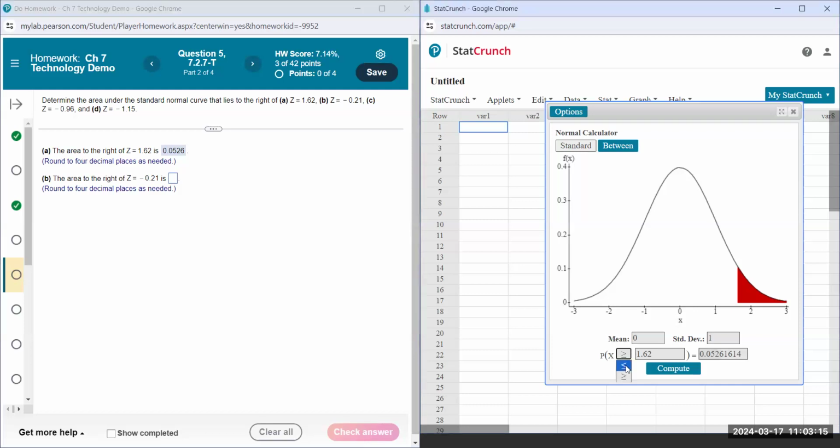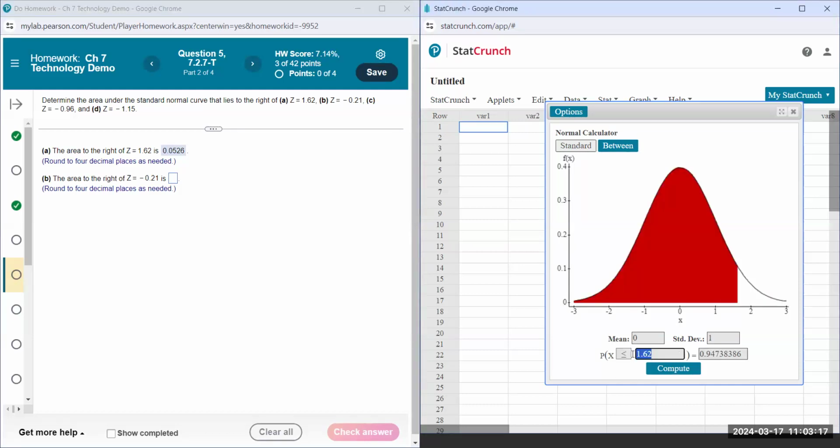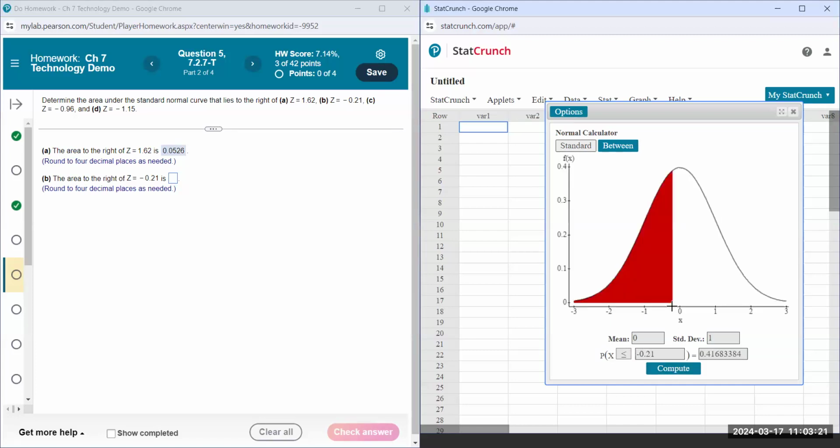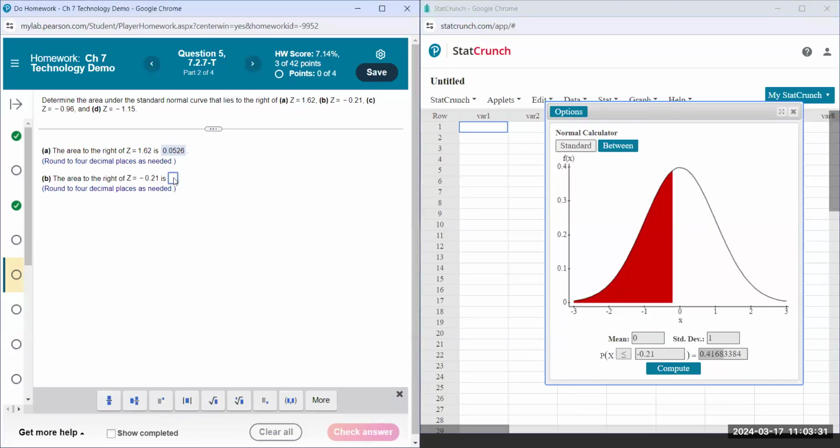So let's switch this because now we want the left-hand side shaded, and make sure you put the negative sign so that you're below the center instead of above it. And then 4 decimals again. So in this part, it's the same.